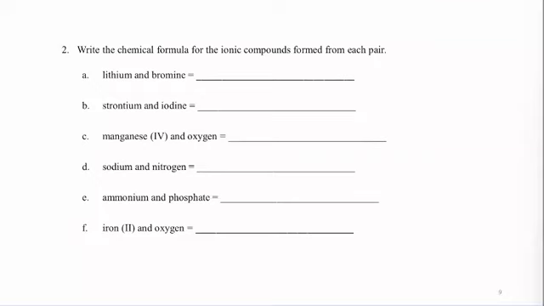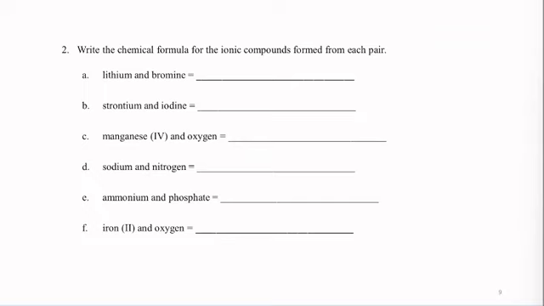Next, after break, we're going to practice the other direction. When you're given a chemical formula and you have to give it a name, then you need to derive it. But right now, when I give you the 2 components of the ionic compound and you give the chemical formula, for the group B elements you will see the Roman numeral.